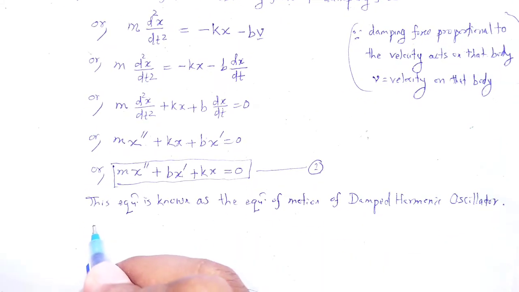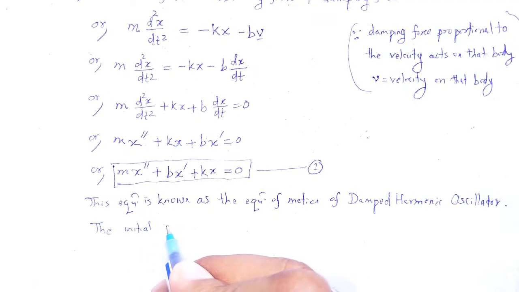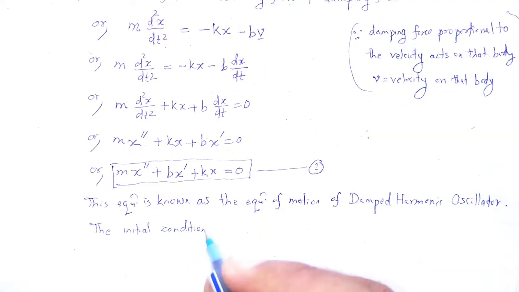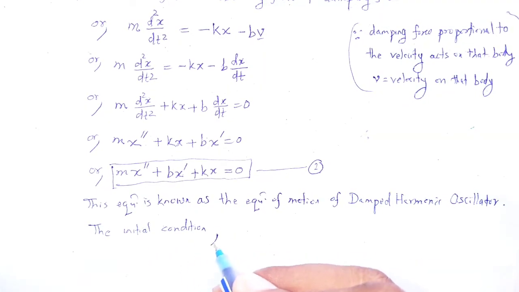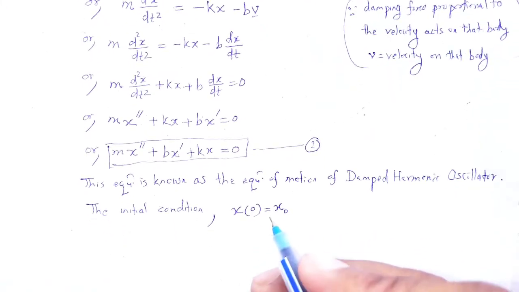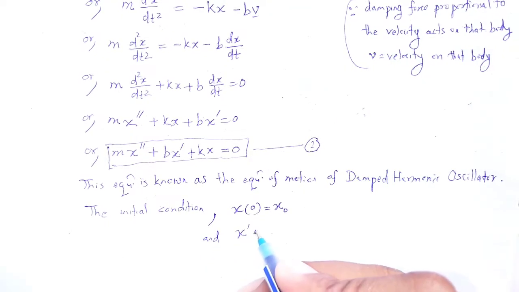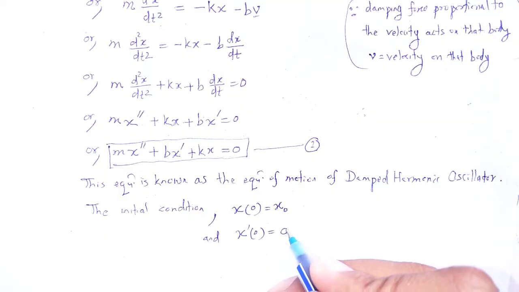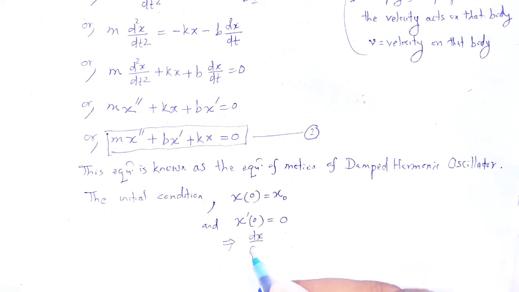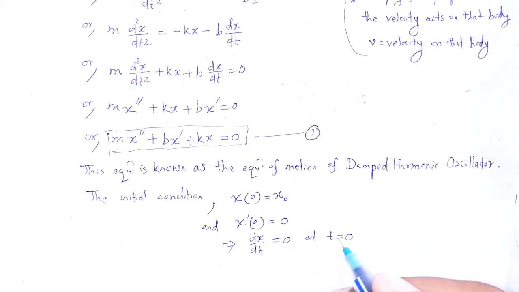The initial conditions for the damped harmonic oscillation: x at 0 is x naught, and its first order differentiation at 0 is equal to 0, which implies dx by dt will be 0 at time t is equal to 0.